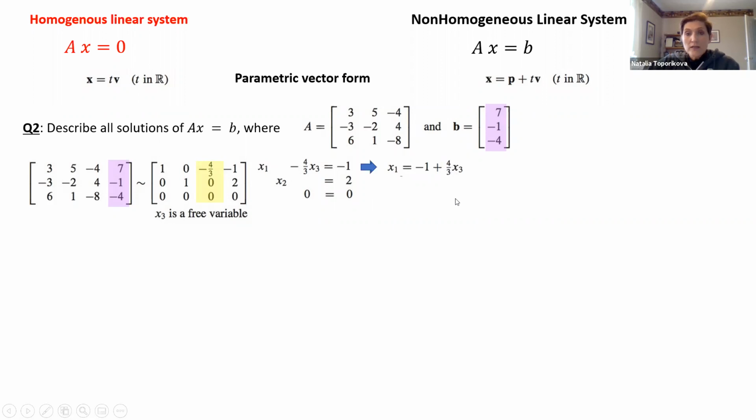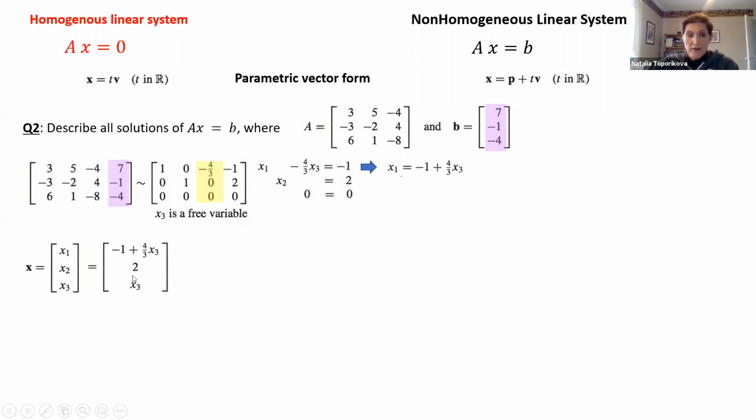And again, so far, it probably looks very similar to part 1. And we will continue with the same strategy with tiny differences, which I will point out later. But let's continue by writing down our solution as a vector. So vector x has 3 components, first x1, second x2, and third x3. So let's go ahead and plug our solutions in here.